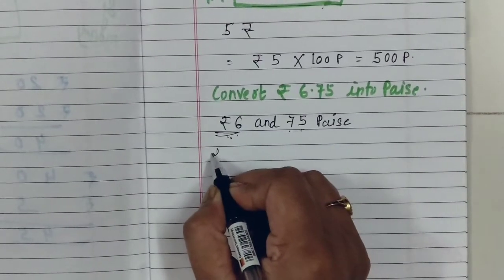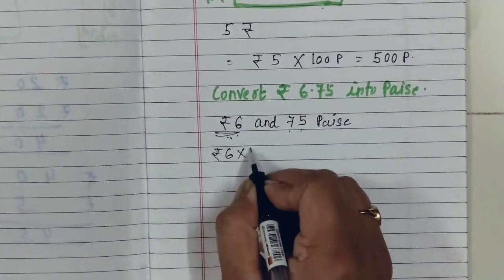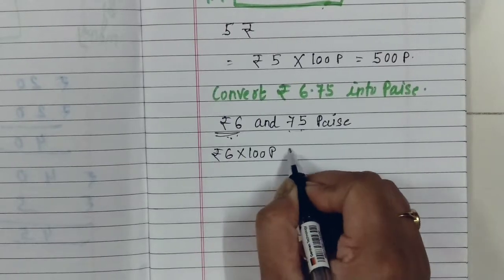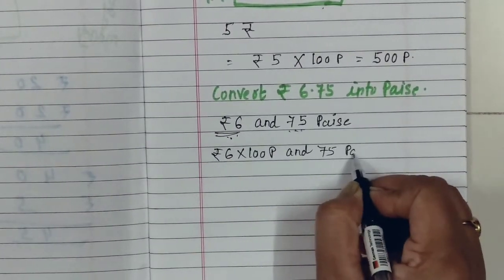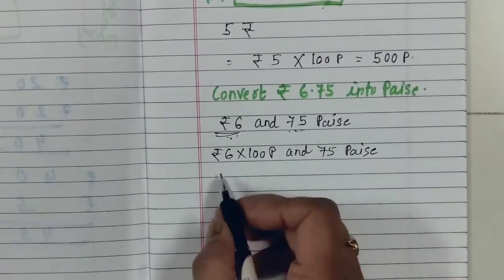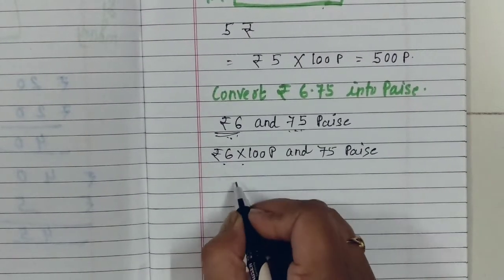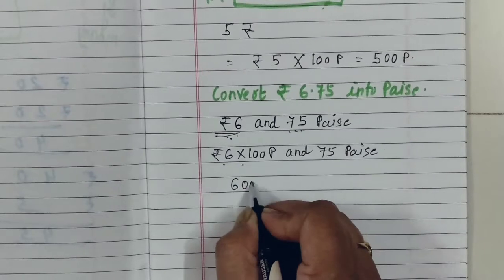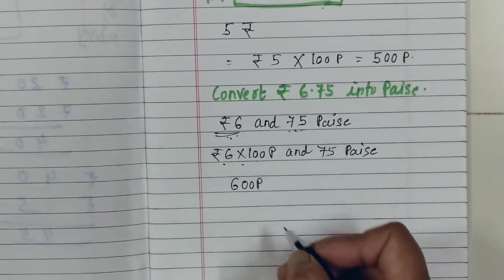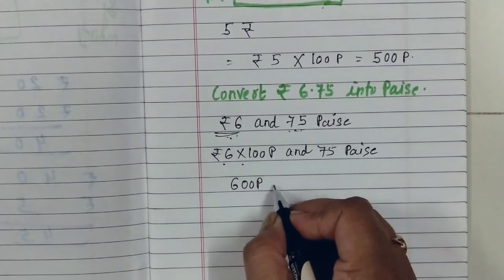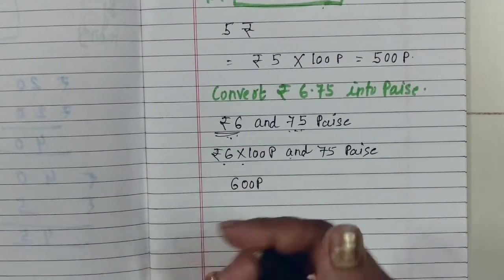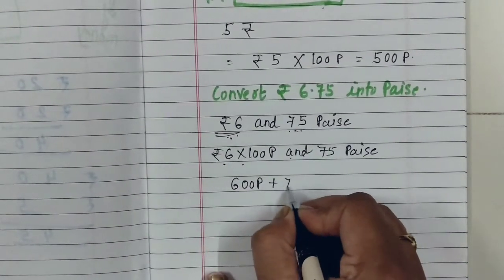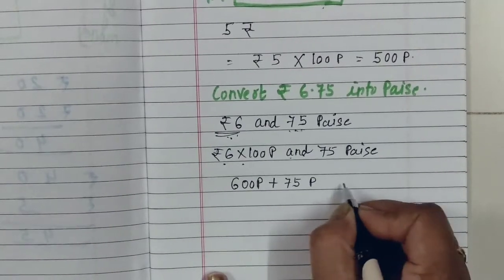When you multiply rupees 6 by 100 paise, 6 into 100 it will be 600 paise, and we already have 75 paise. So we can write it as 600 paise plus 75 paise.